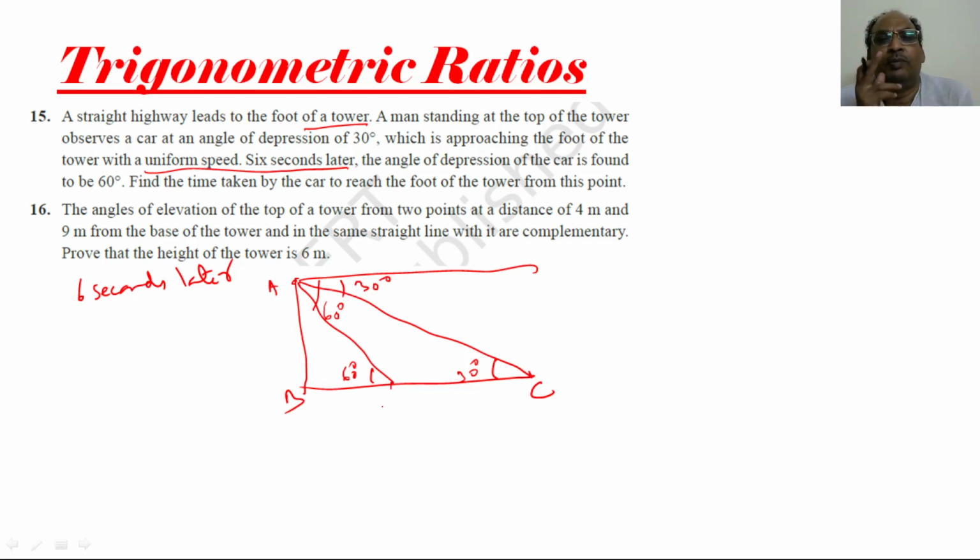At an angle of depression 30 degree, which is approaching the foot of the tower with a uniform speed. 6 seconds later, the angle of depression of the car is found to be 60 degree, and find the time taken by the car to reach the foot of the tower from this point. Which point? Maybe this point D, from this point, or even from C also.